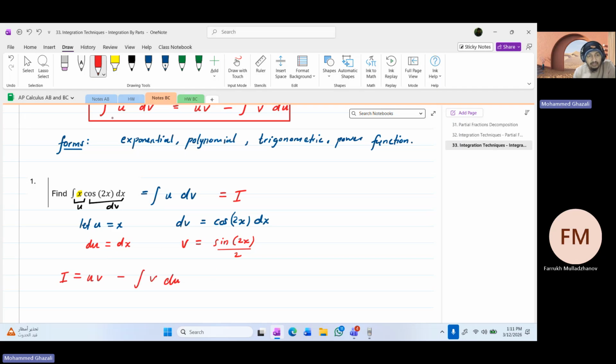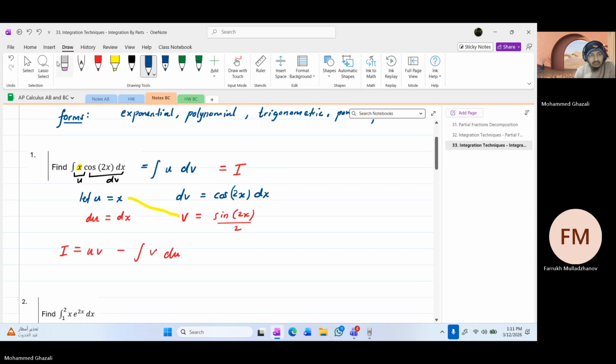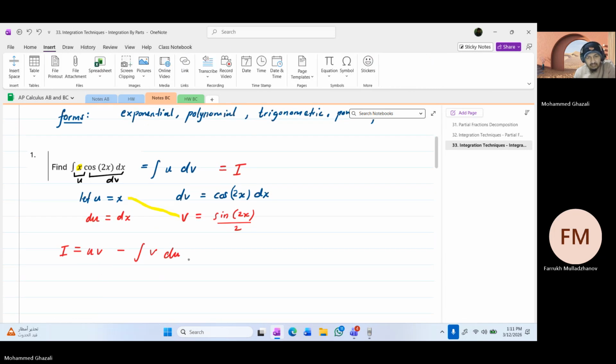What is uv? uv is x times v, so x times half sine 2x. I just wrote it in a better way: x sine 2x over 2 is half x sine 2x, minus the integral of v du.